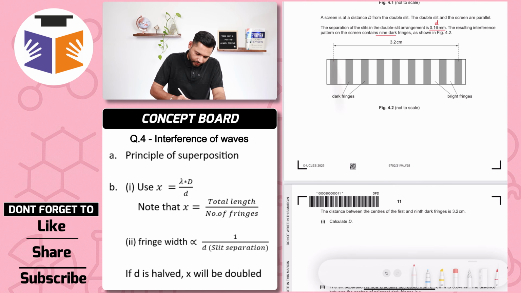Now, from the first fringe till the 9th fringe, the distance is 3.2 centimeter. Now, the fringe width is measured from center of one fringe to the center of another fringe. So you can understand from this point to this point, we will consider it as one fringe. Like that, there are 8 fringes over here.